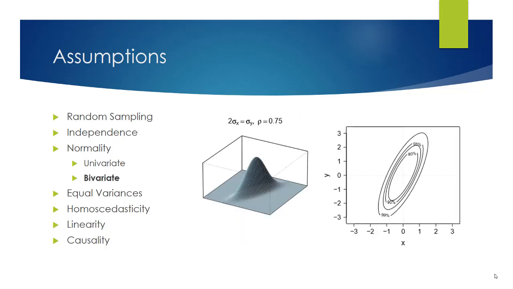Now, when we are looking at bivariate normality, this is where we're looking at an x variable and a y variable simultaneously. What we are talking about with bivariate normality is that the distribution of y scores is normally distributed at each level of x, and the distribution of x scores is normal at each level of y. So what do I mean by that?